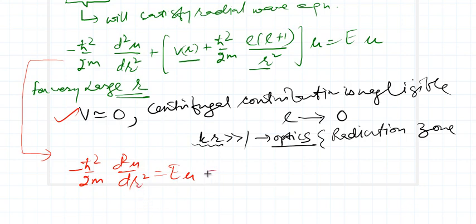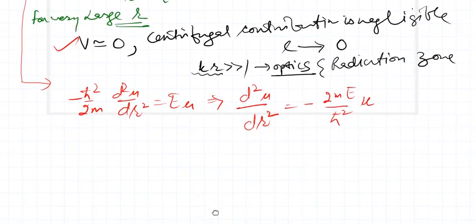And from here I can write d square u over dr square is equal to minus 2mE over h cross square u. This is the equation. Now I have to solve this equation.